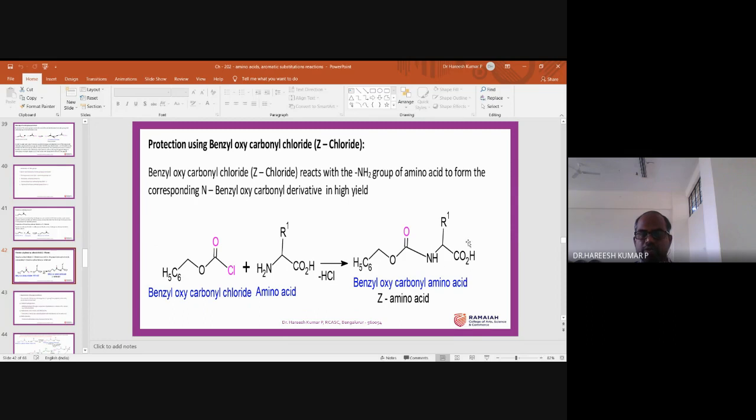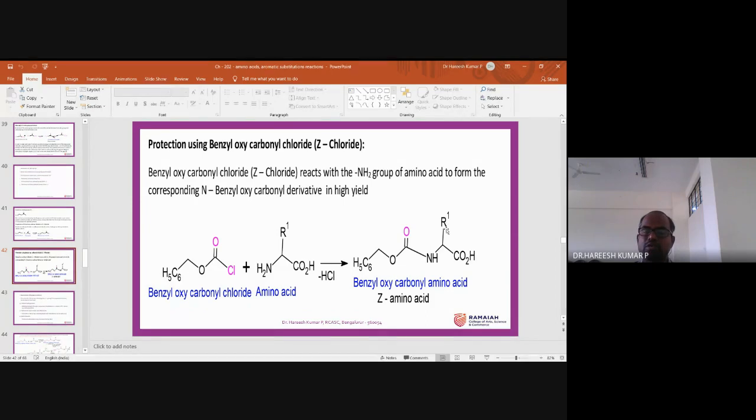So what is the product obtained? You can observe that up to this group is called benzyl oxycarbonyl. Benzyl oxycarbonyl amino acid. With respect to R, the amino acid changes.